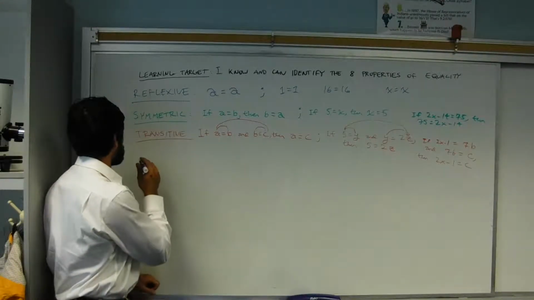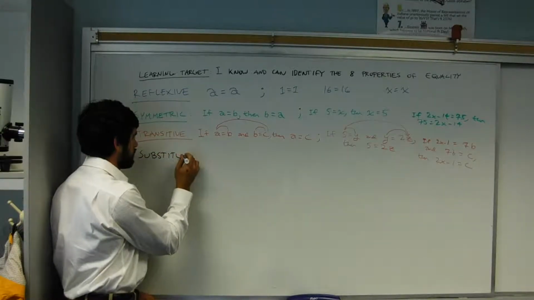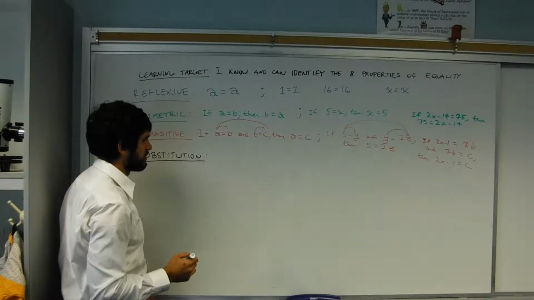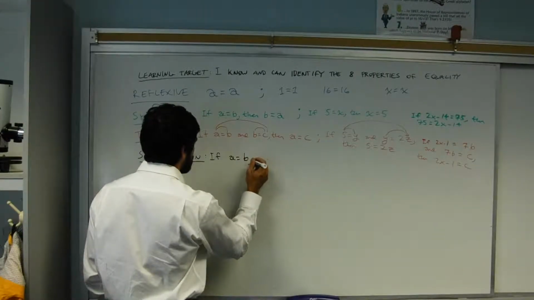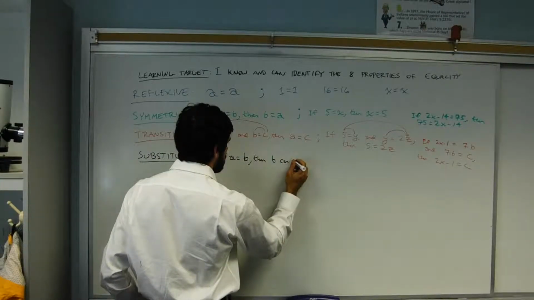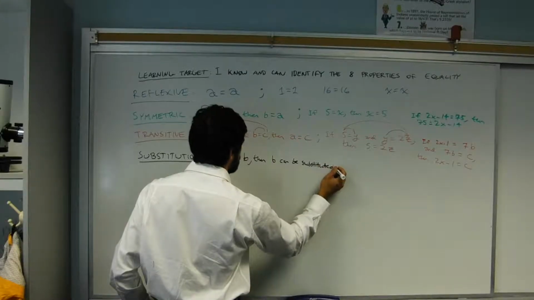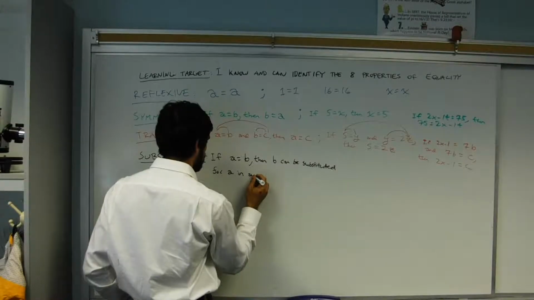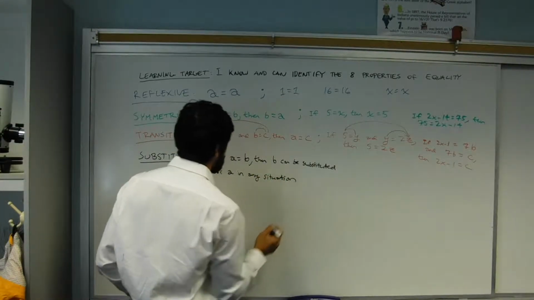We also have the substitution property. Our substitution property tells us that if A is equal to B, then B can be substituted for A in any situation.